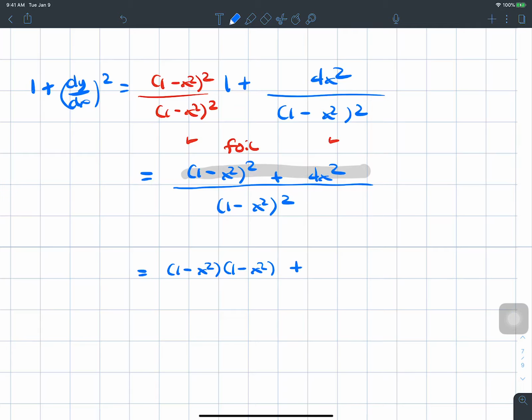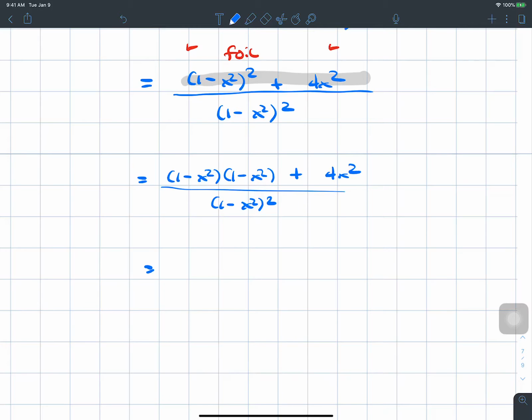This is the FOIL I'm talking about. After I FOIL, I add a 4x squared. So by FOIL, I get 1 minus 2x squared plus x to the 4th plus 4x squared, right? And this is all over 1 minus x squared squared.